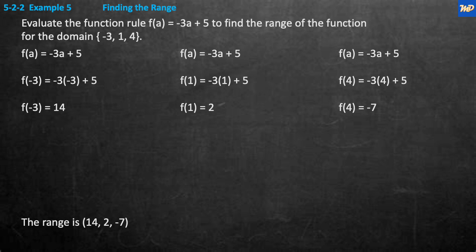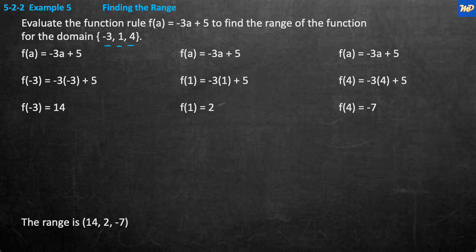Evaluate the function rule f of a equals negative 3a plus 5 to find the range of the function for the domain. They're telling us to use the values negative 3, 1, and 4 as the three domain values to put into our function rule.